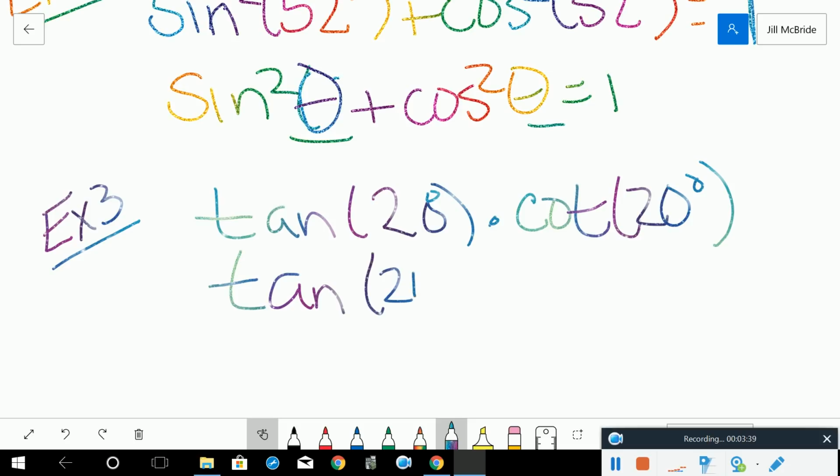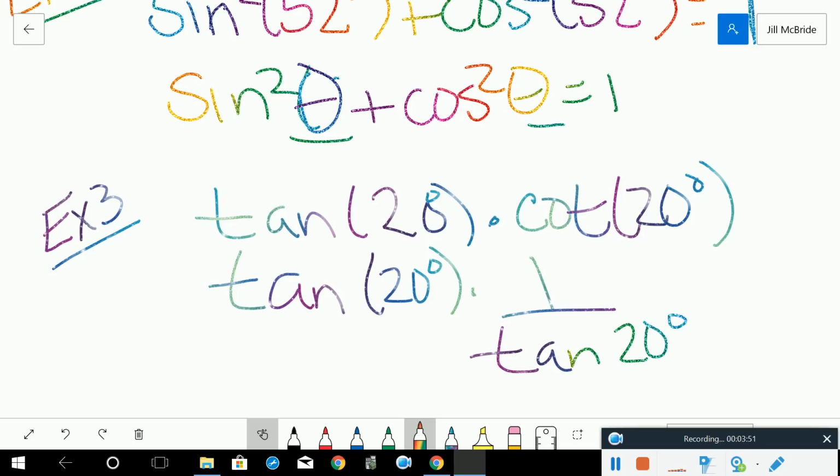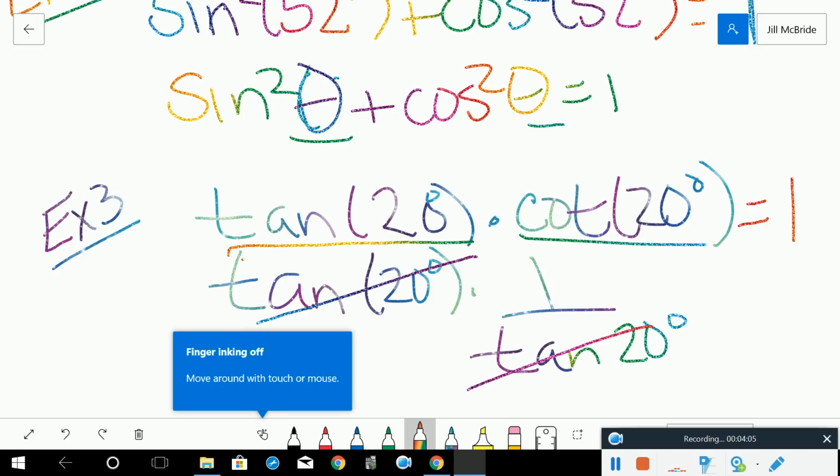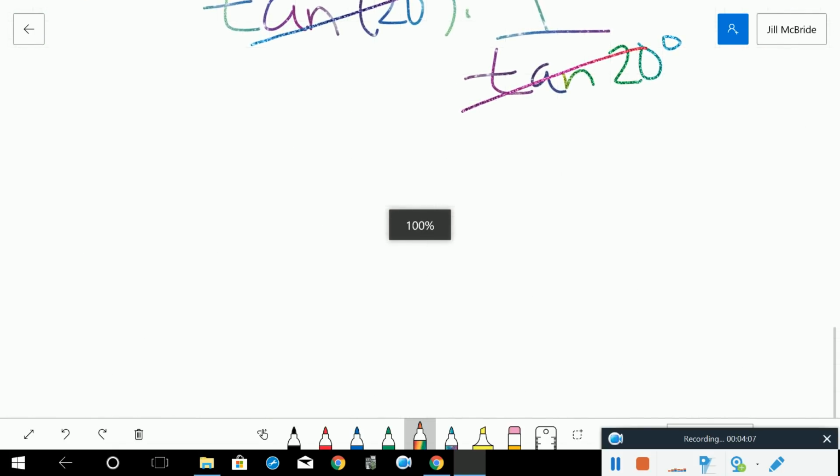So I can replace the cotangent with 1 over the tangent of 20. Tangents cancel, and the answer to this problem is also 1. Really, any number times its reciprocal will always be 1. Okay?